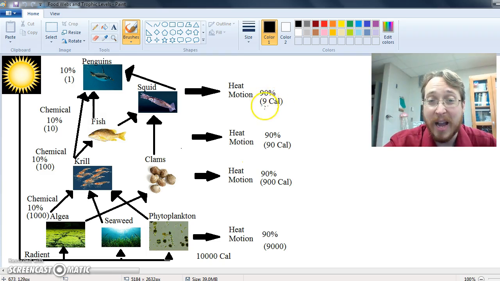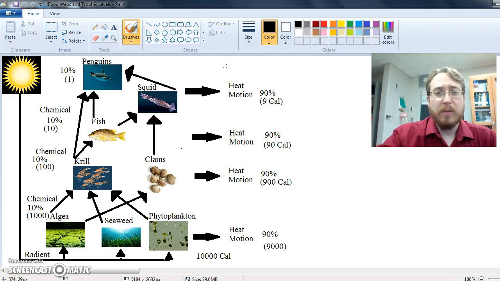So they spend 9 calories back into the environment, and then only 1 calorie is left in the squid, so the penguins only get 1% of that original 10,000 calories when they eat the squid. And they too are going to use that one calorie as heat and motion.